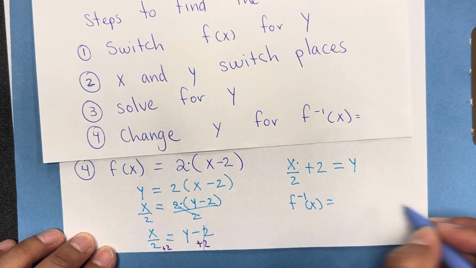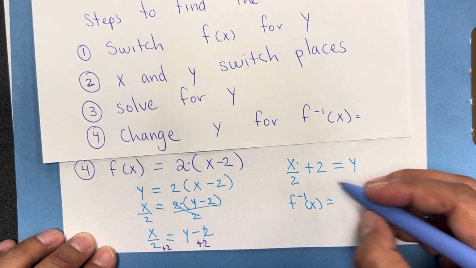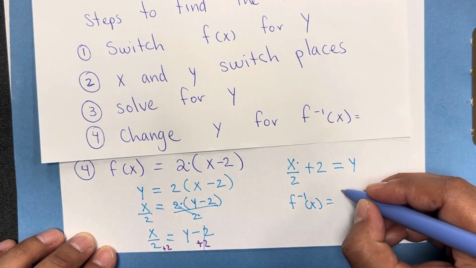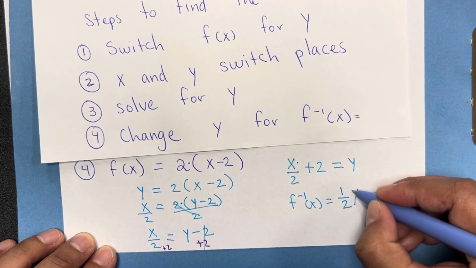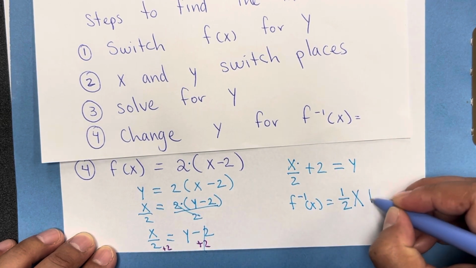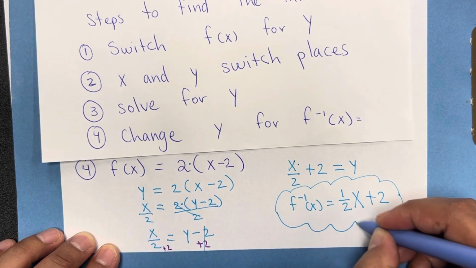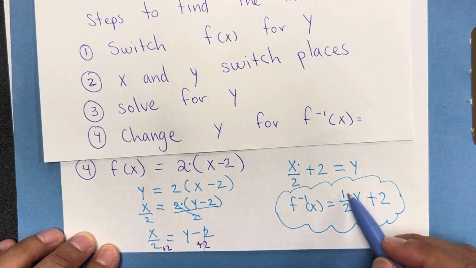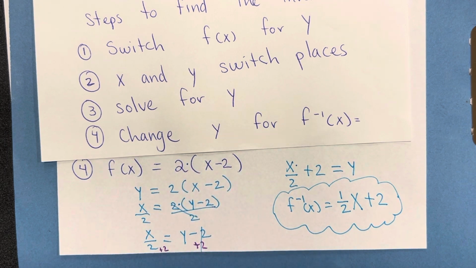If you leave it like that and it's not asking you to graph, then it's okay. But for graphing, you just put 1/2, right? 1 over 2 multiplied by x is the same thing, plus 2. And so this is my inverse. For graphing, this is better because you have your rise and your run. And this one for graphing, you are going to have to do the distributive property first.